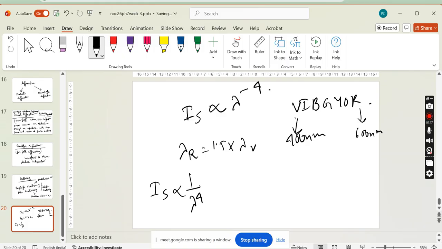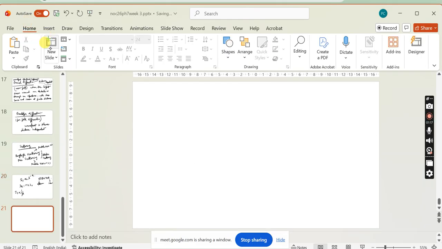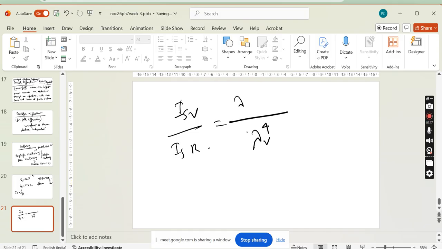Basically lambda r to the power 4 by lambda v to the power 4.